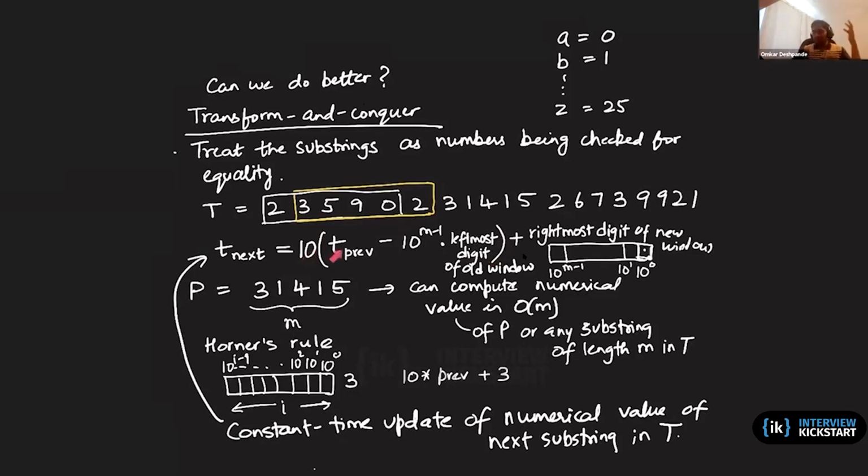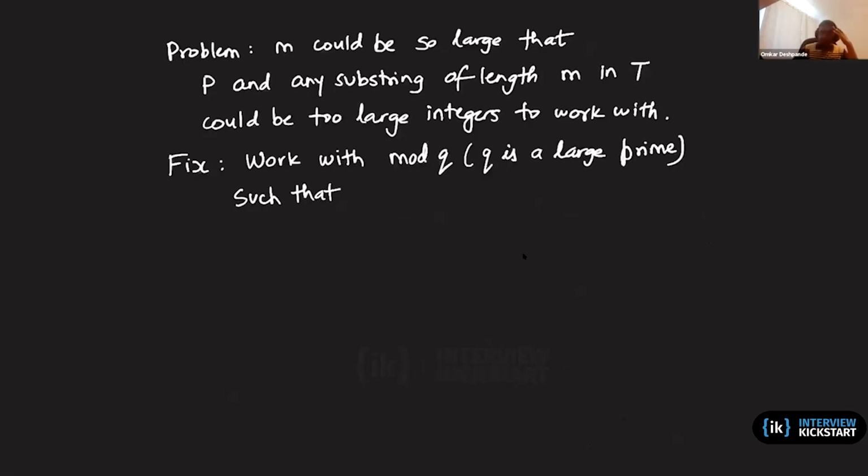So 10 times q or 26 times q, for example, should also be representable on the machine, so that there won't be any overflow.